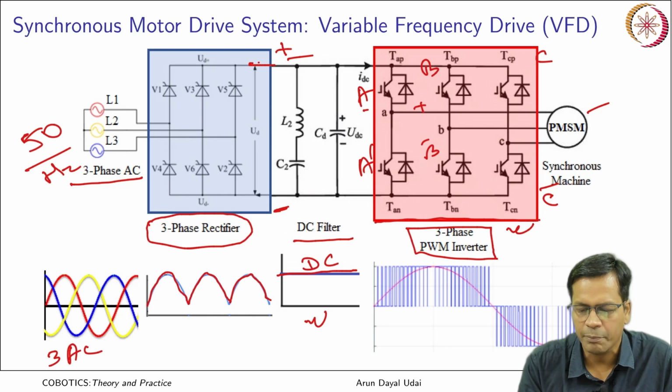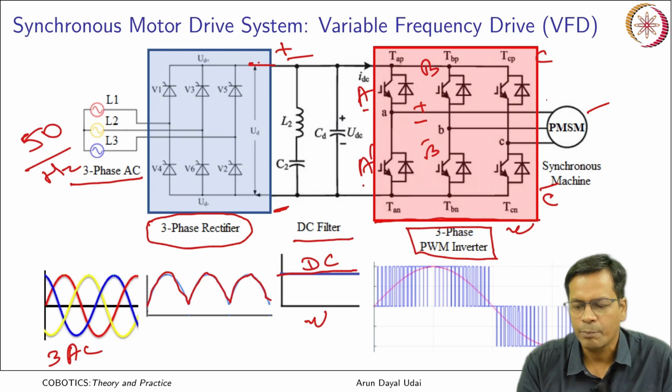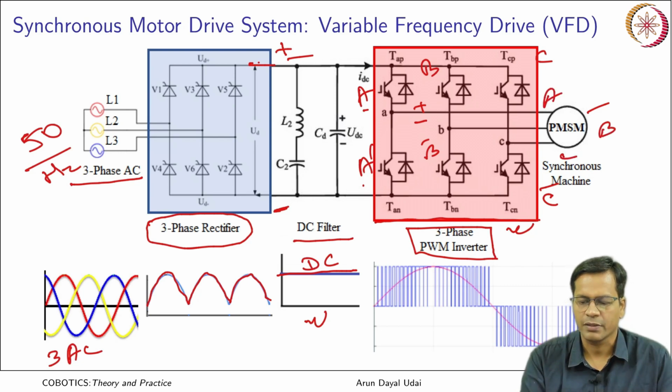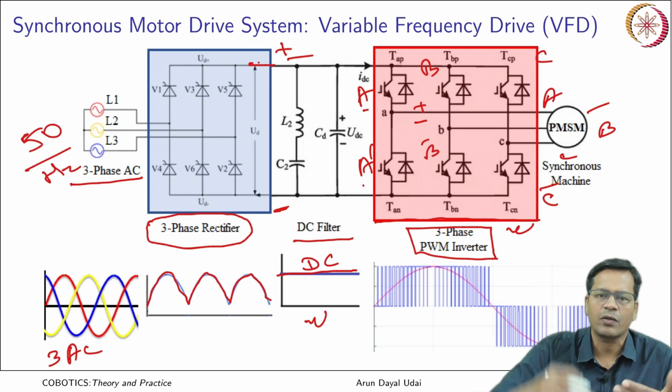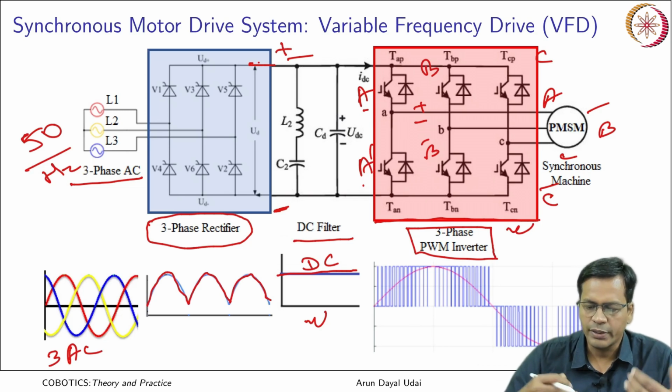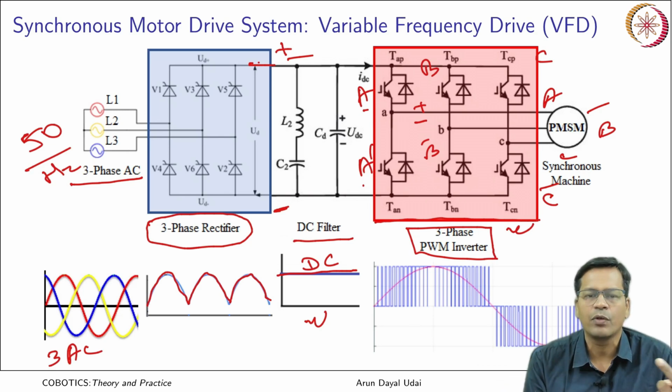If you switch on A bar, the same wire will become negative. So accordingly each one of these wires can be made positive or negative, the A, B or C phases of the PMSM machine. Now instead of making it continuous high or continuous low, you create an equivalent voltage signal.